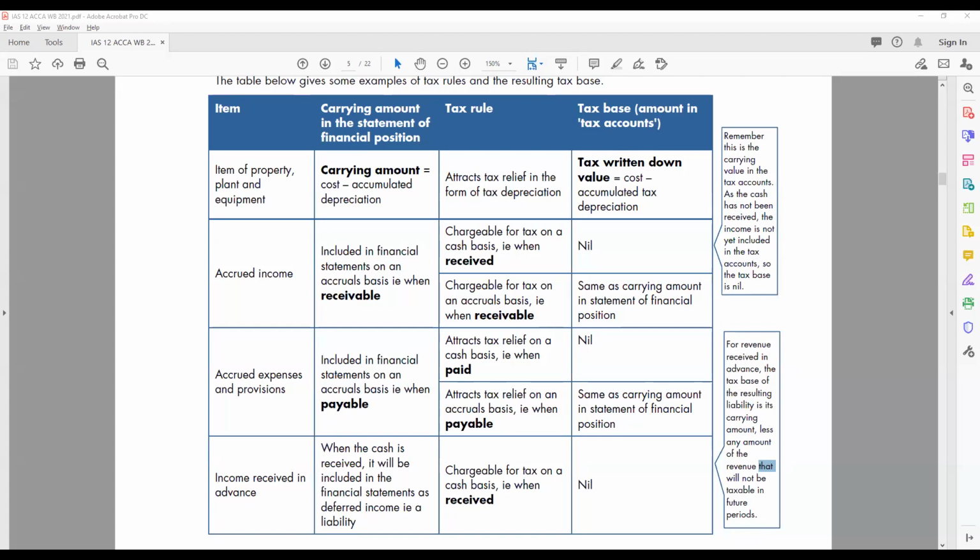Okay, then I will call the name. Nilani Madhusika, are you there? Interest receivable, is it accrued income or accrued expenses? Nilani Madhusika.